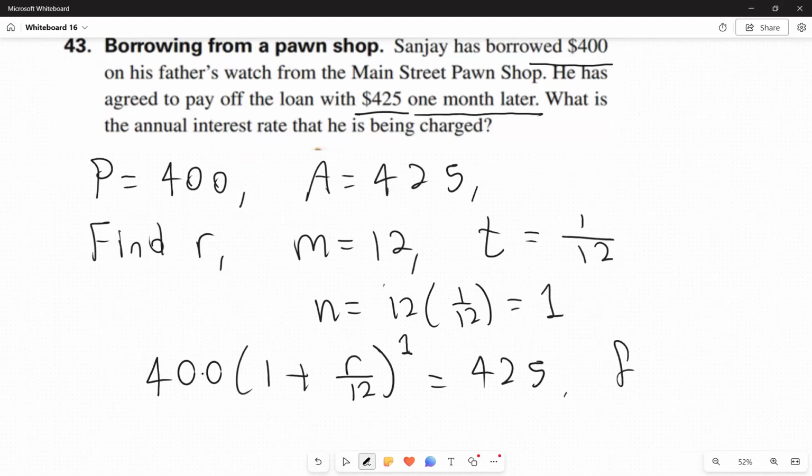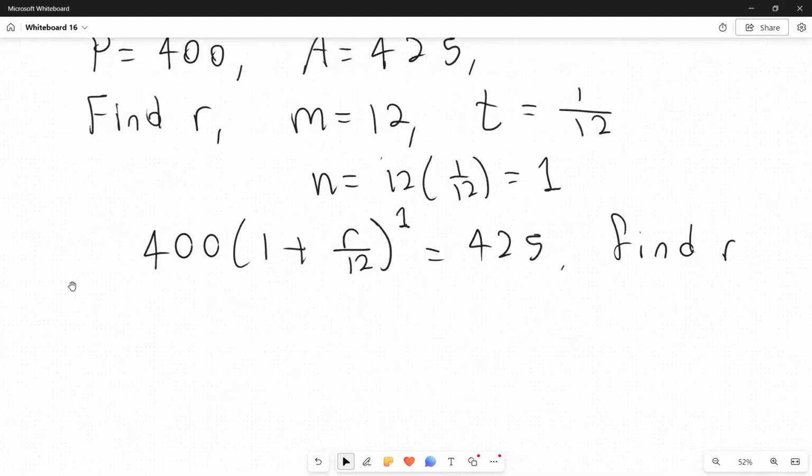So we need to find R. We are going to find the interest rate, and of course, we need to find the interest rate as a decimal. So that's 1 plus R over 12 equal to 425 over 400. And 425 over 400 is 1.0625.